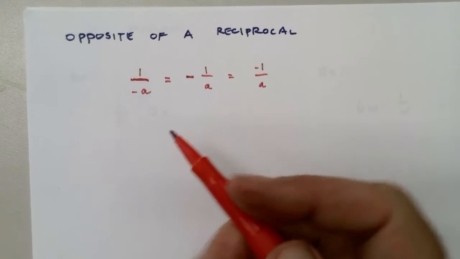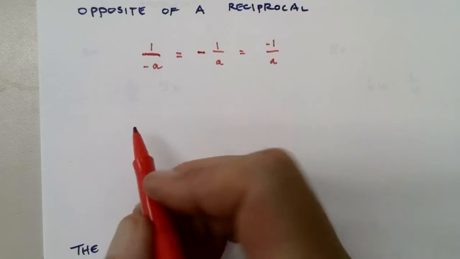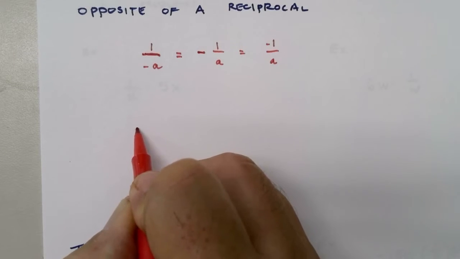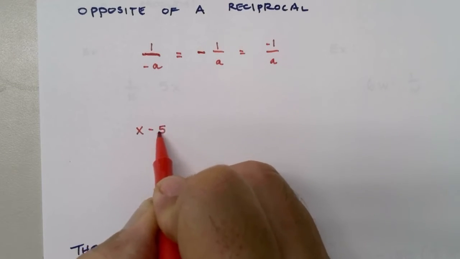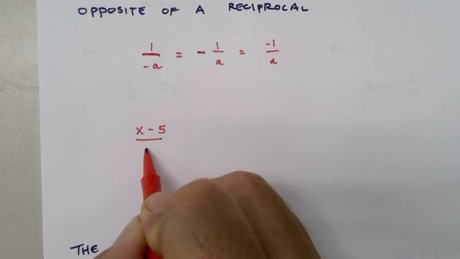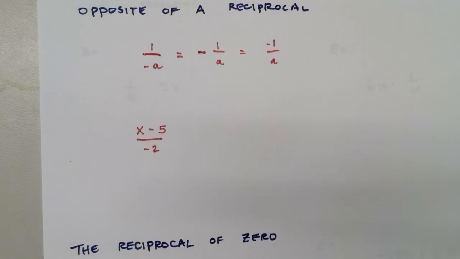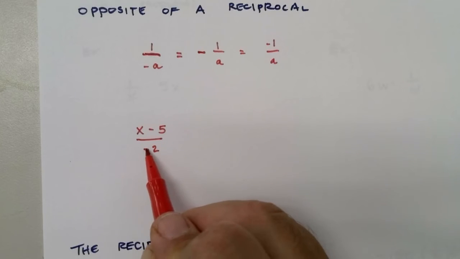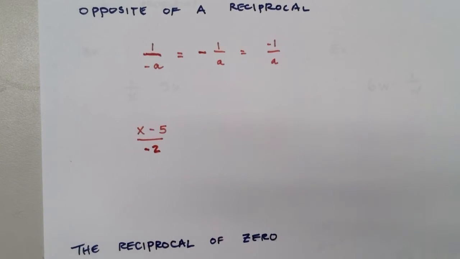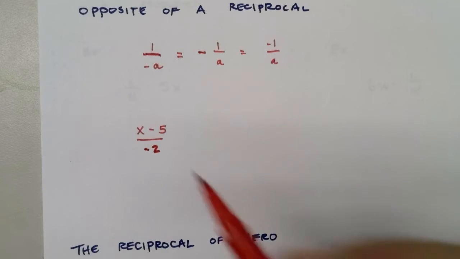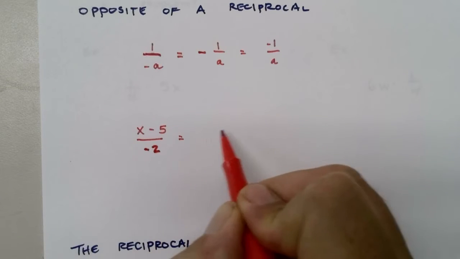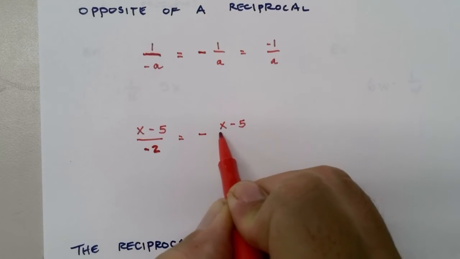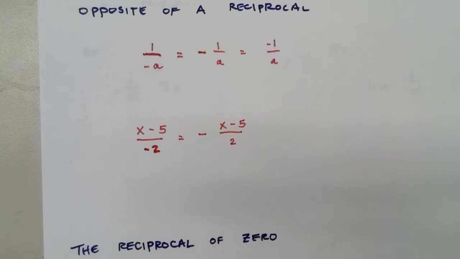A lot of times when we go over the answers to the homework, you might have x minus 5 over negative 2. This corresponds to the first one, because negative 2 in the denominator is the reciprocal of 2. On my answers, I'll make that negative x minus 5 over positive 2.